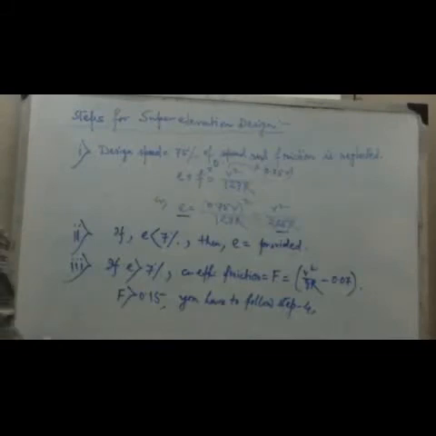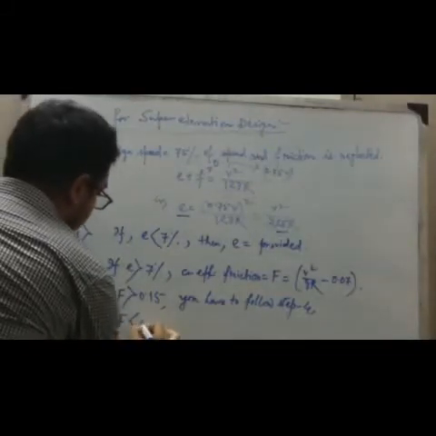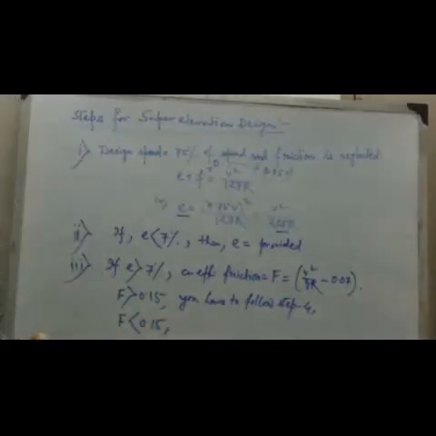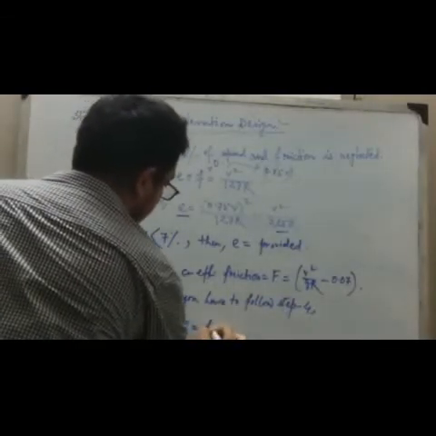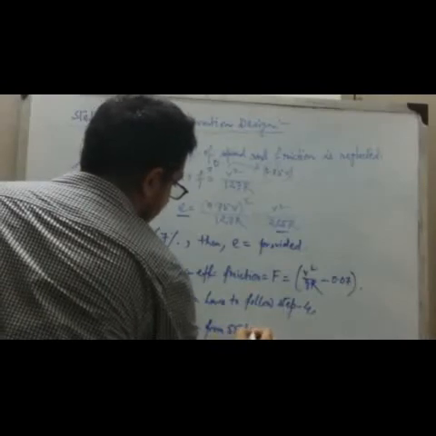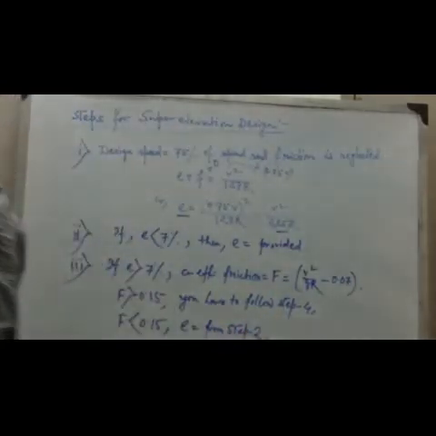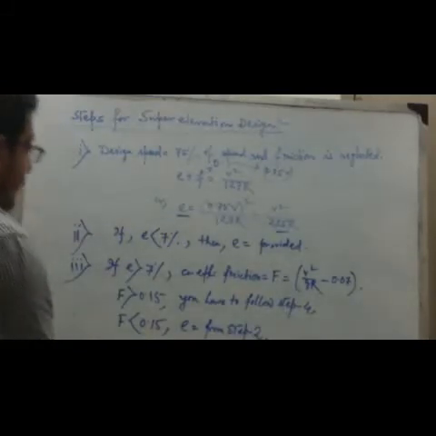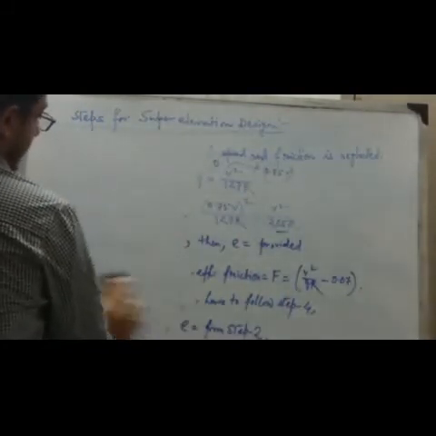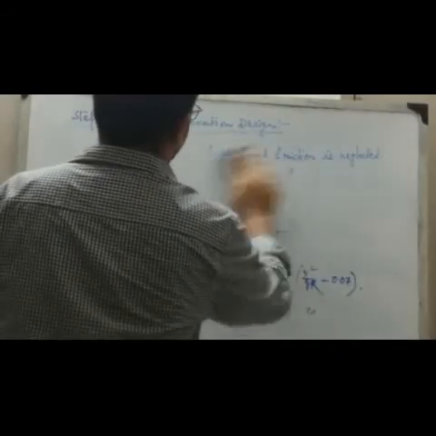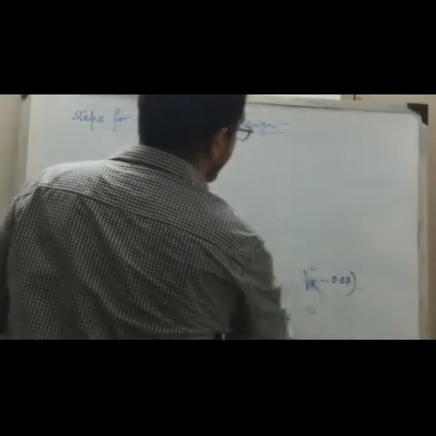But if F is less than 0.15, then you can say that the value of e from step 2 is so obtained. And if we have to follow step number 4, then the speed should be restricted.